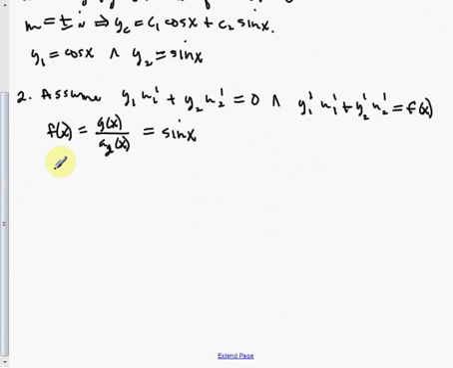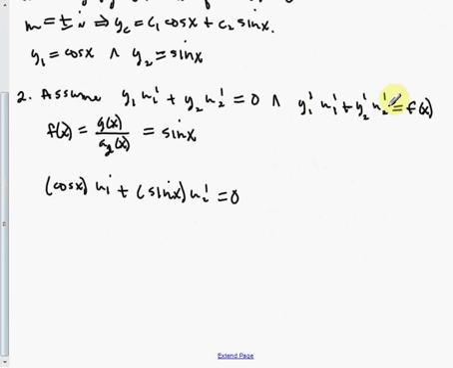Okay. So let's look at the system. This is cosine x, our y sub 1, times u sub 1 prime plus sine x times u sub 2 prime is equal to 0.